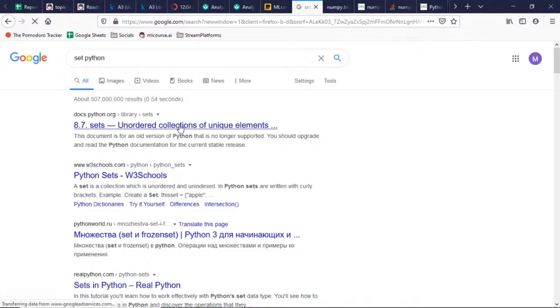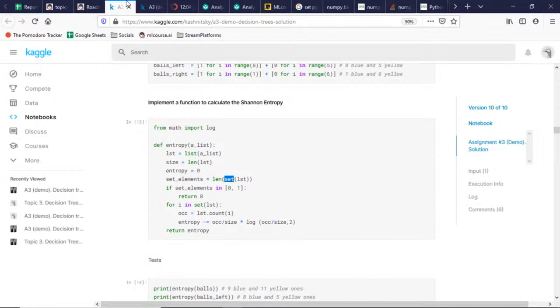Yeah, well, it's the same. It's another collection of unique elements. Why do they do this? So what is the idea? Set will remove every non-unique element in this list, and it will also sort it, so it will be better to work with it.